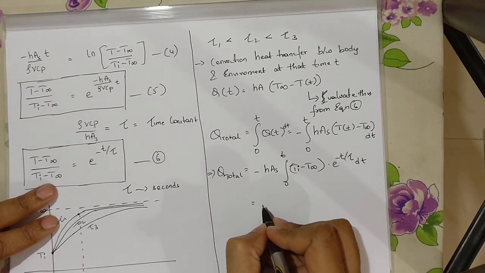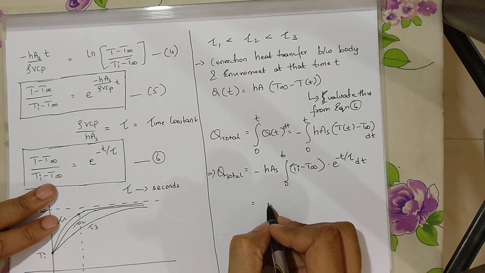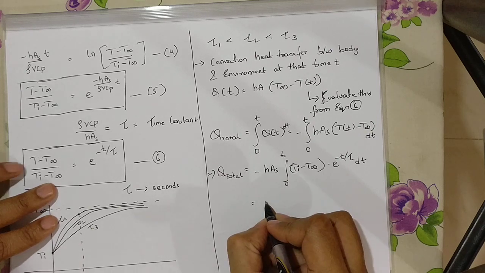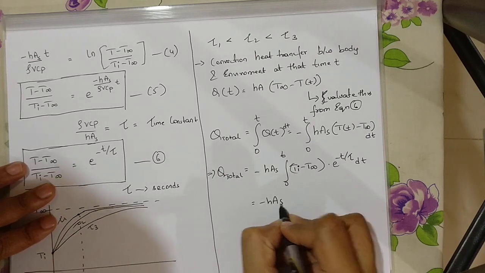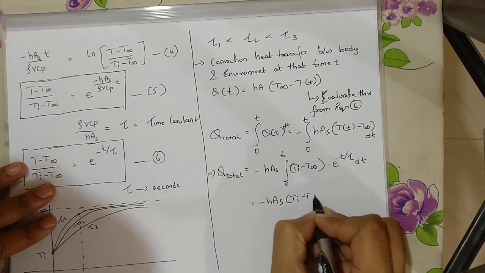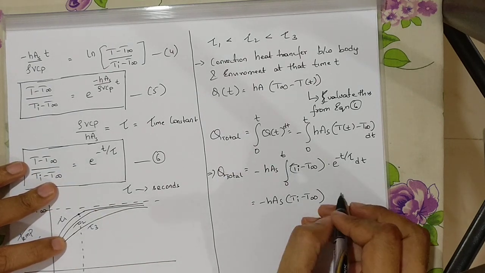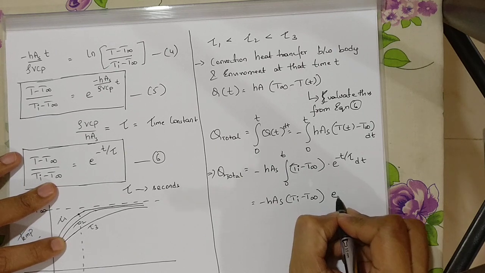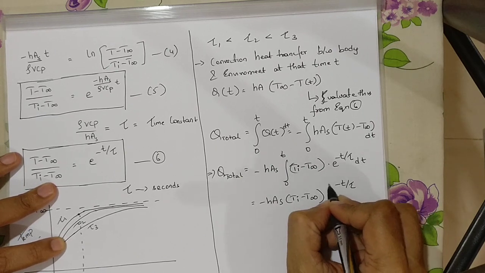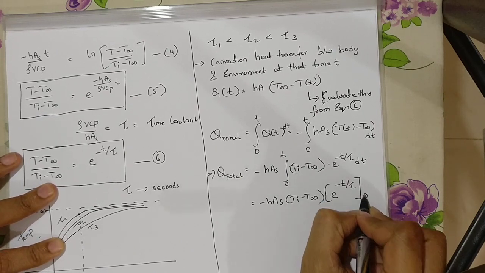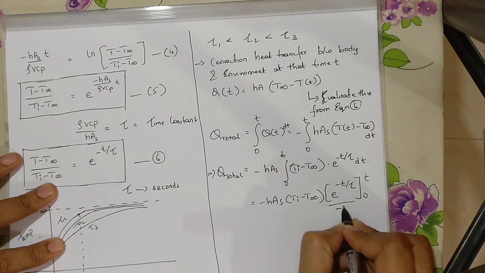Now how much would this be, guys? Minus hAs (Ti minus T infinity) would be constant, and the integration of e power minus t by tau would be e power minus t by tau, from 0 to t, divided by minus 1 by tau.